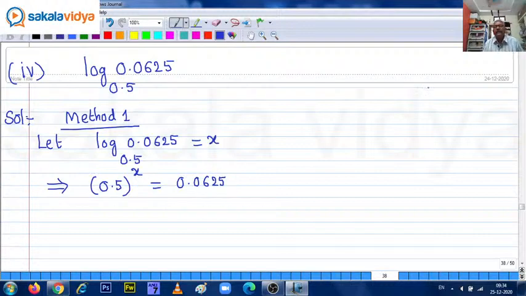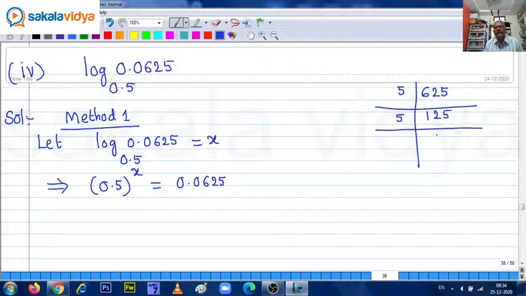See, the 625 factors, let us find out by prime factorization. 5 125s are 625, 5 25s are 125, and 5 5s are 25. So 625 equals 5 raised to 4.